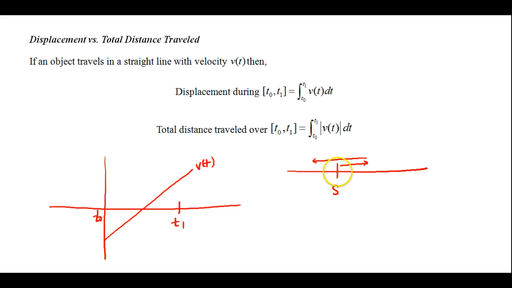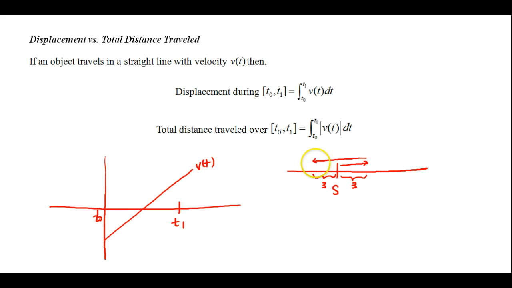Well, if you remember, displacement is how far away you are from your starting point. So if I started out going right and then stopped, turned back to go left, let's say this little quantity here is 3. Distance traveled means I need to add up all the different units that I traveled. So I traveled to the right, let's say this measurement was 3 units, then I stopped and went all the way back.